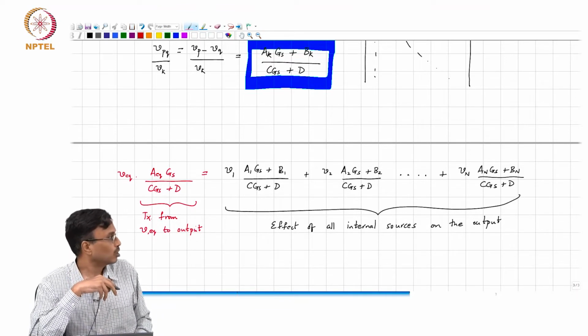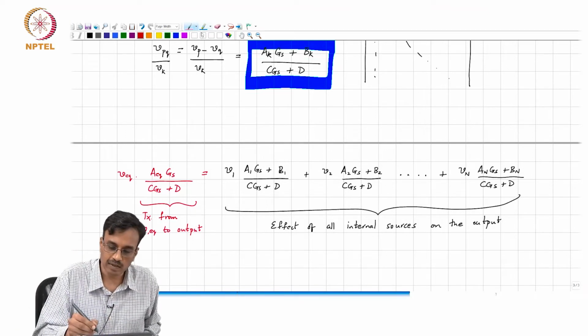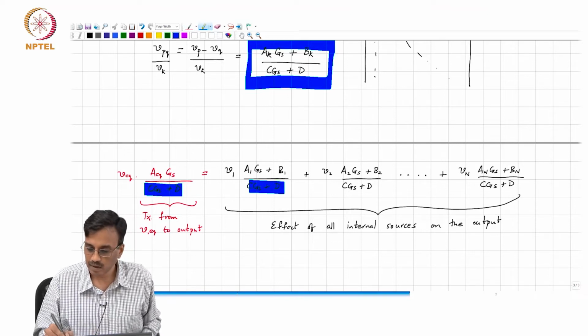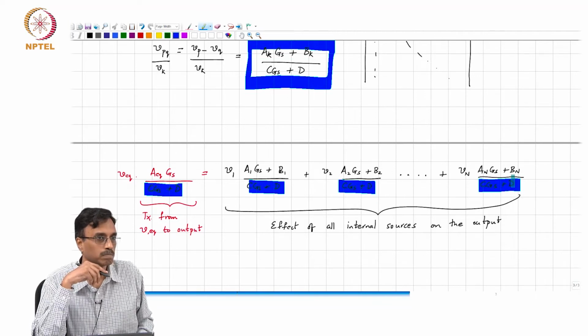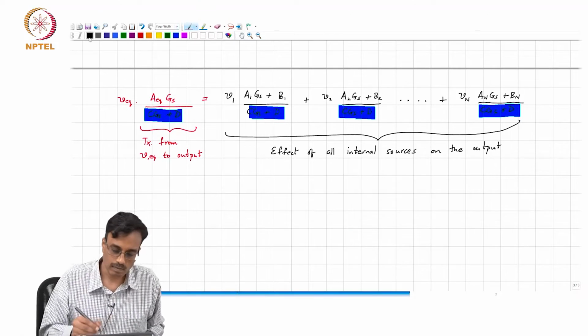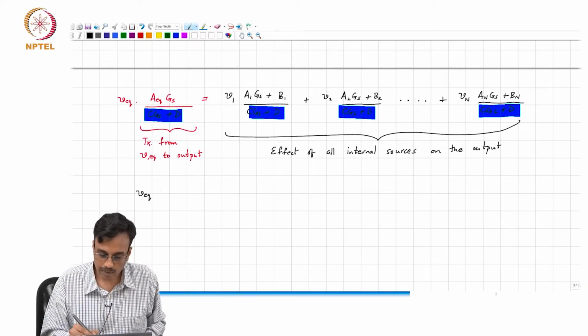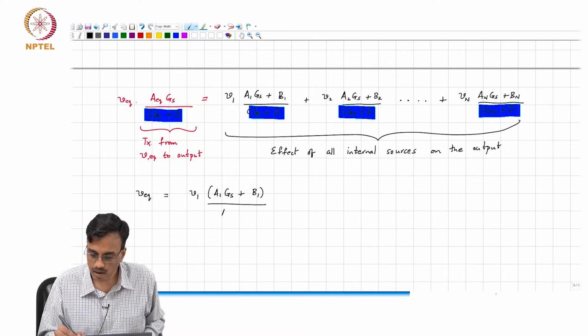Okay. So what do you see as happening here? Well, one thing you notice is that all these terms cancel out, and therefore we are left with V equivalent, which is simply V1 times A1 GS plus B1 divided by A equivalent times GS, plus and so on.